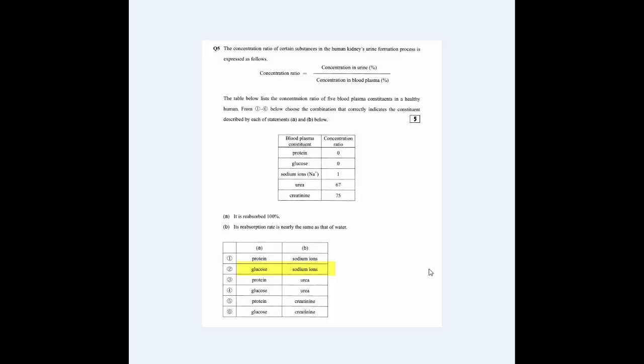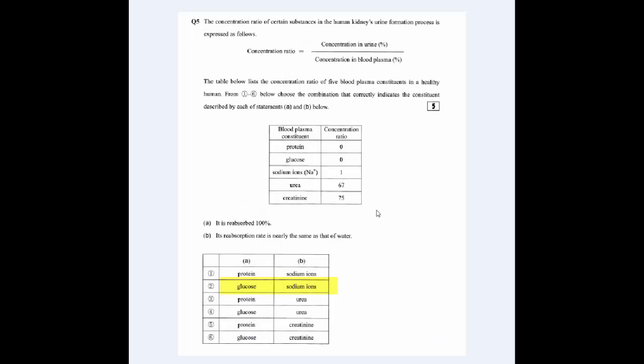Number 5. The concentration ratio of certain substances in the human kidney's urine formation process is expressed as follows. Concentration ratio equals concentration in urine over concentration in blood plasma.